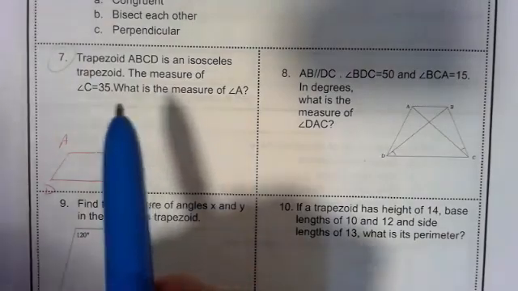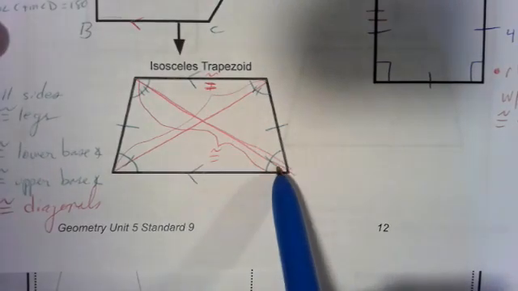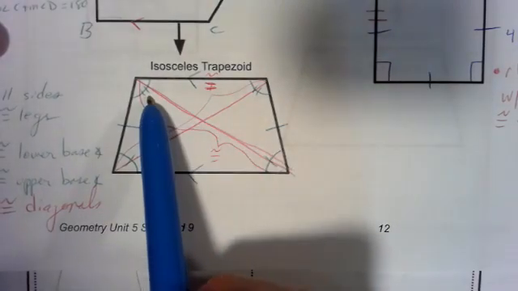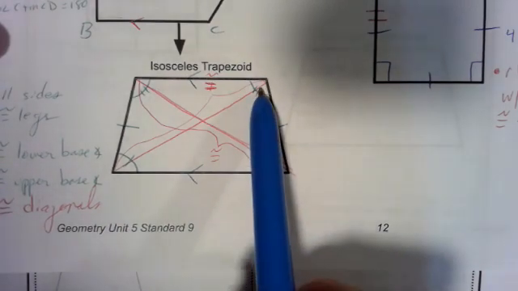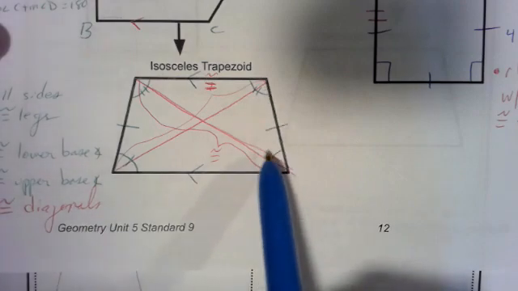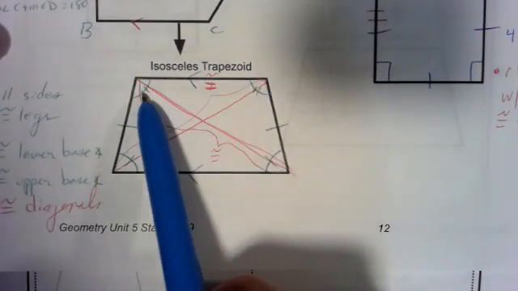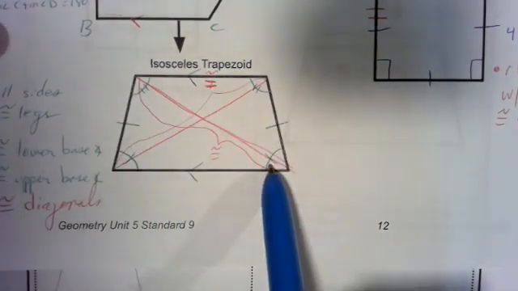If I look back at my family tree and I see my isosceles trapezoids, angle C is down here and angle A is up here. What that tells me is that angle C and this angle up here, which is angle B, are supplementary. Because angle B and angle A are congruent, angle A and angle C are supplementary.